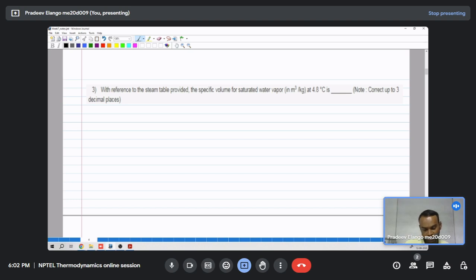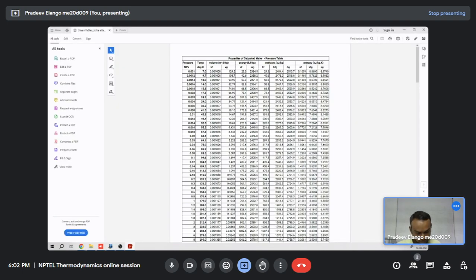With reference to the steam table provided, the specific volume for saturated water vapor in meter cube per kg at 4.8 degrees Celsius is dash. Note correct up to 3 decimal places. So water vapor at 4.8 degrees Celsius we have to find. This is the steam table, and first we have the pressure table.